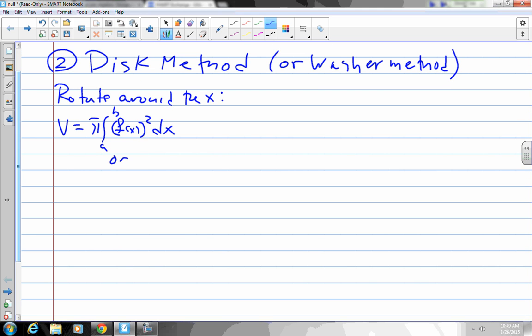Or if it's the region bounded by two curves, the volume was pi, integral from a to b, the difference of squares of two functions, dx. Yeah, so if there's a hole in the middle.